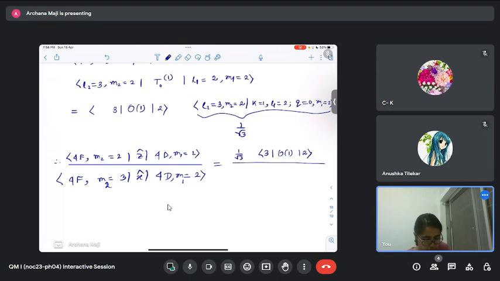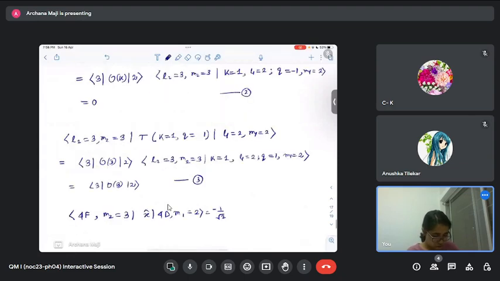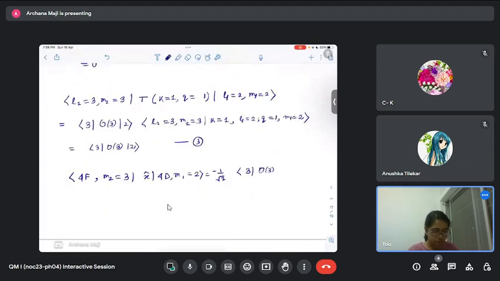Let me also write that down. 4f m2 equal to 3, x 4d m1 equal to 2, that is nothing but 1 over square root 2 minus, that is the left hand side that we have evaluated.